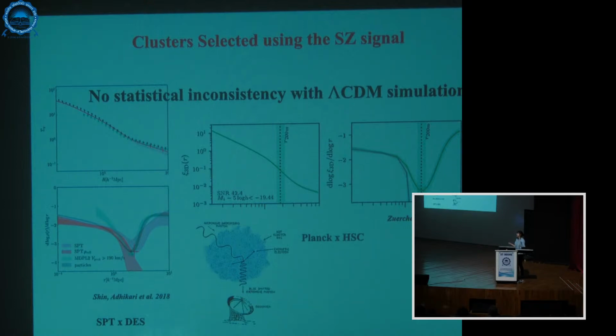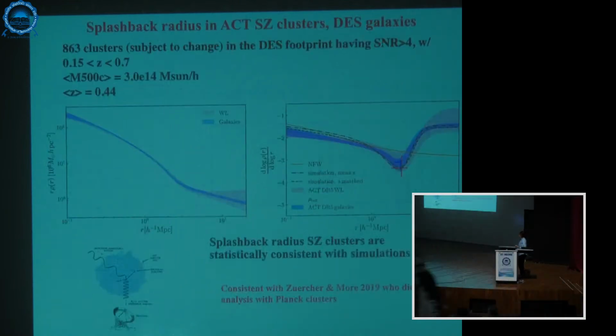We find that, at least for clusters selected in SZ, there is no significant discrepancy between lambda CDM and what we are observing. So that was encouraging. We can now go ahead and use this for several other things and try to pin down the measurement and see whether it agrees over a wide range of mass scales and so on.